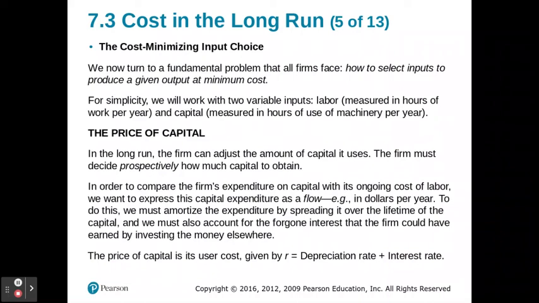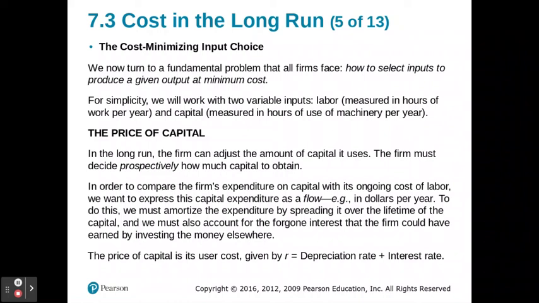And so now what we need to do is transition from thinking about costs in the short run to thinking about costs in the long run. What is it that makes it the long run? It becomes the long run because there are no longer any fixed costs.